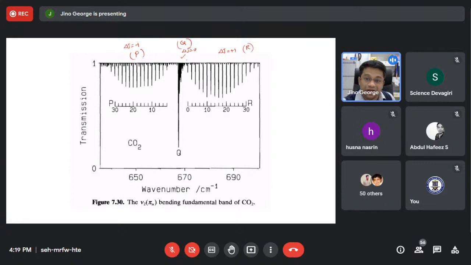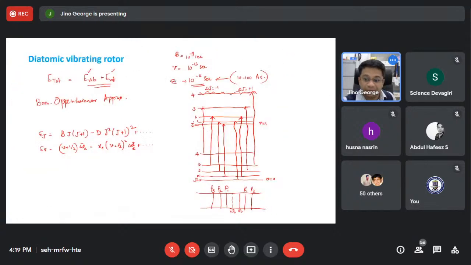The Q branch will be heavily populated. You see anharmonicity still playing a role. That's why it is slightly shifting. It will be the transition from the center point that you remember here. I was showing you transition 0 to 0. You'll see all of them.